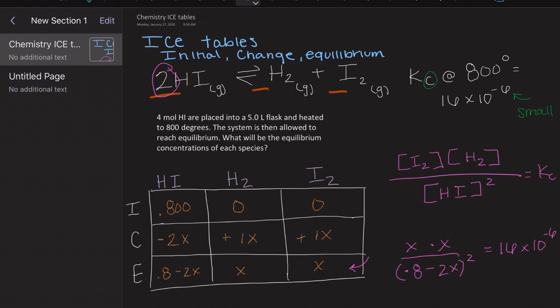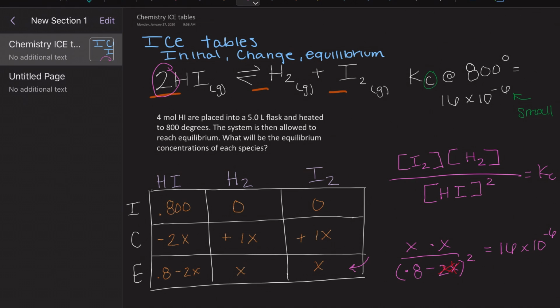Usually, if we were going to try and solve for x, we would have to use the quadratic equation. But since in this problem Kc is so small, we can get rid of the x in our reactants. So we'll just cross out that x, and it no longer matters. And the same for the 2.